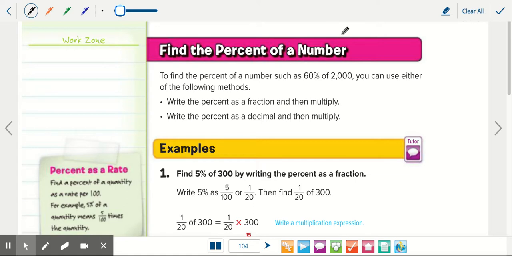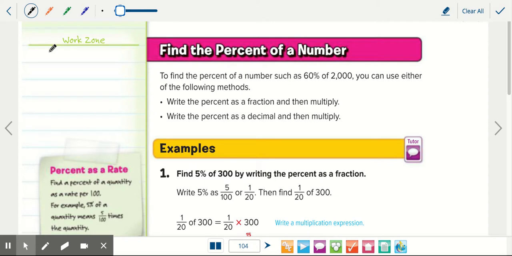And what we need to make sure that we remember and we know before we can move on to actually learning percents of numbers is, how do I change a percent to a decimal? So let's just do a quick review here.